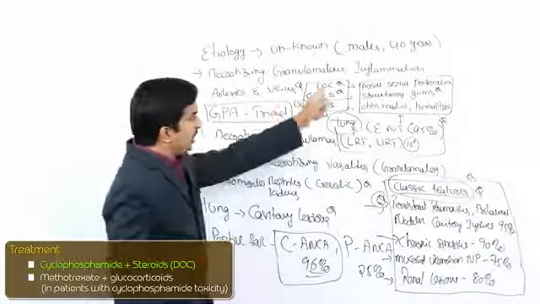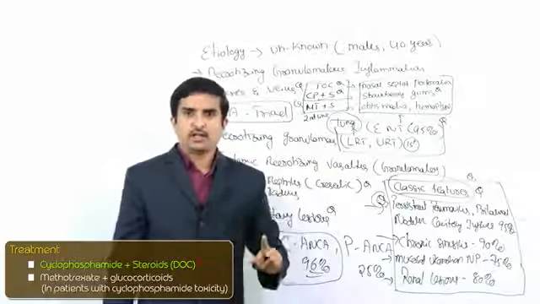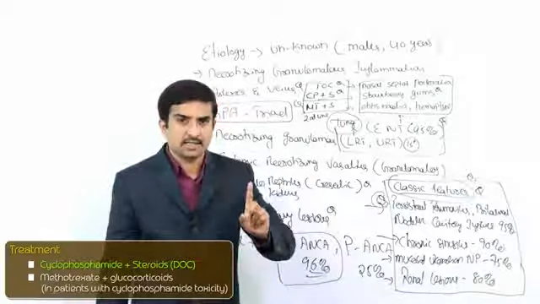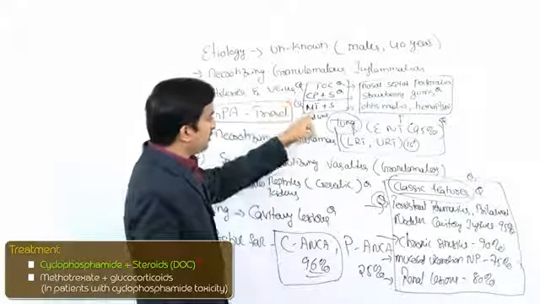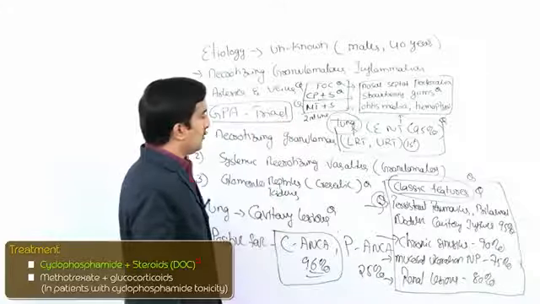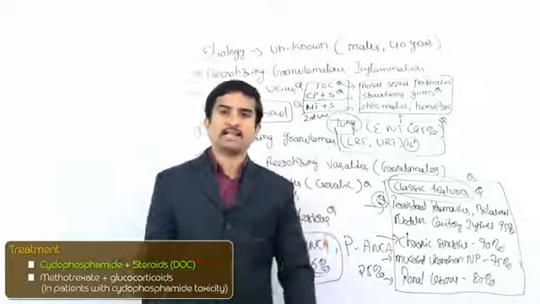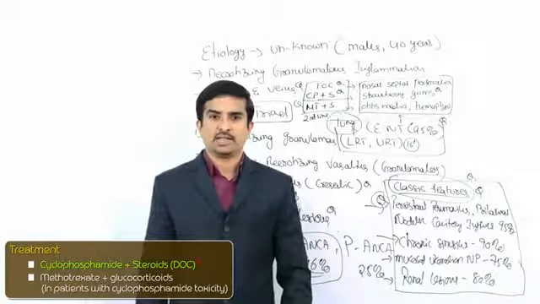If cyclophosphamide is contraindicated for any reason, or the patient has experienced significant cyclophosphamide toxicity, then we change the drug to methotrexate in combination with the steroid, which will be the alternative therapy, or the second line of therapy in Wegener's granulomatosis.